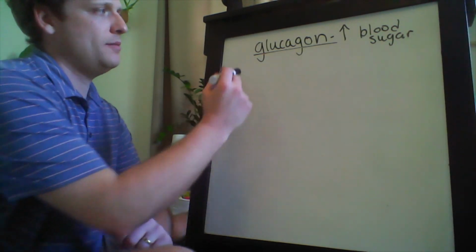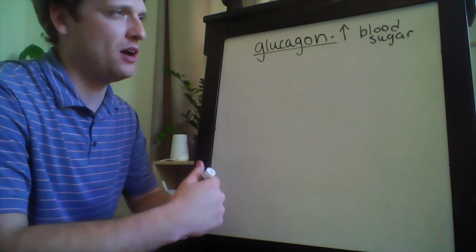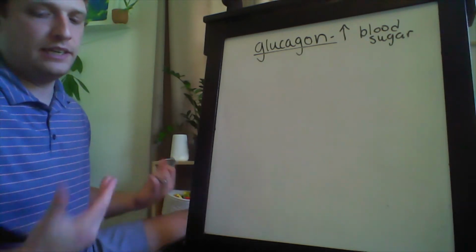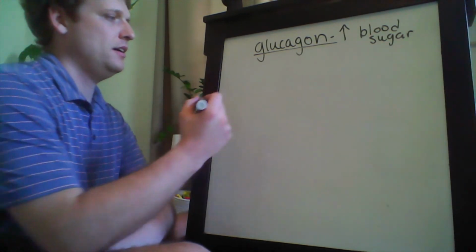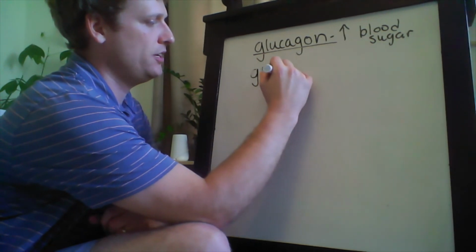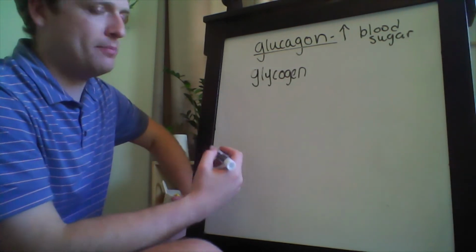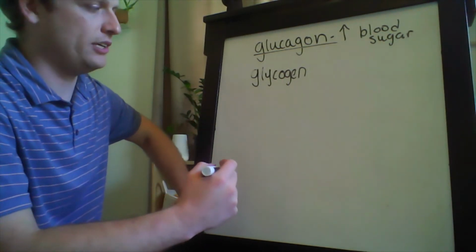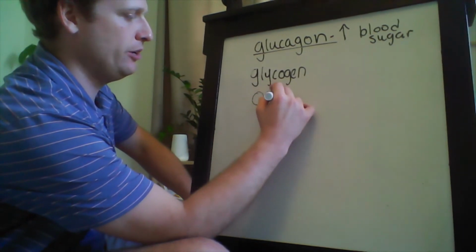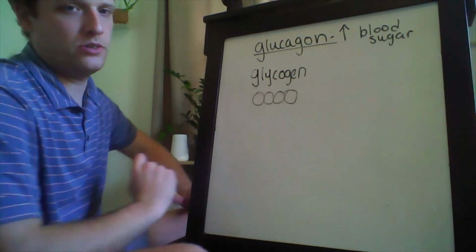Well, glucagon has target cells that respond to this hormone. And cells like your liver and skeletal muscle contain lots of this molecule, glycogen. What you may remember from when we talked about macromolecules or polymers is that glycogen is a polymer of glucose. So it's lots of these glucose molecules stitched together.